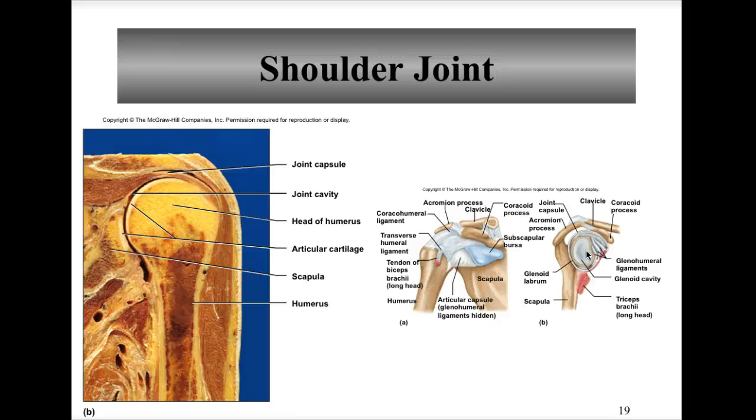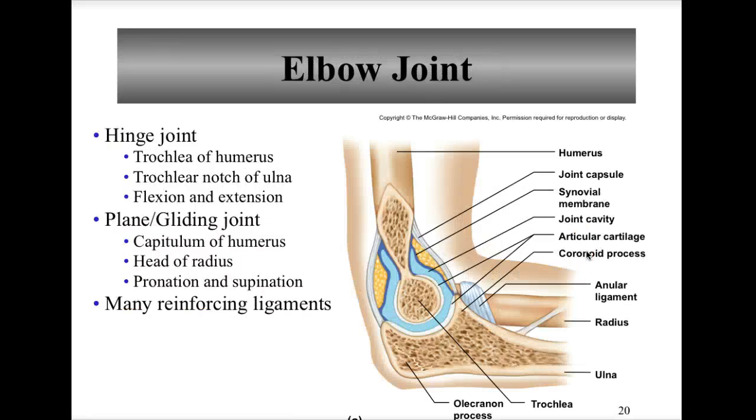There are many bursae that also lubricate the shoulder, and movement can occur in any angular plane. As we said before, circumduction is permitted. Also in your book, I think there's a discussion of a dislocated shoulder, so we'll look at that a little bit in class.